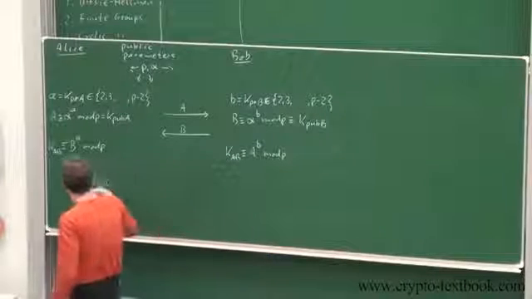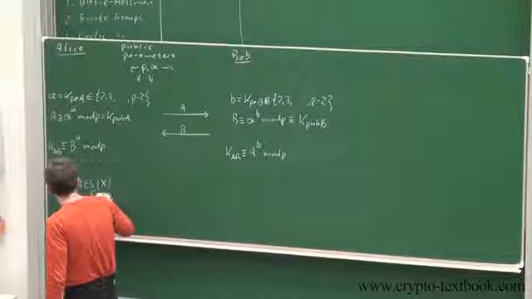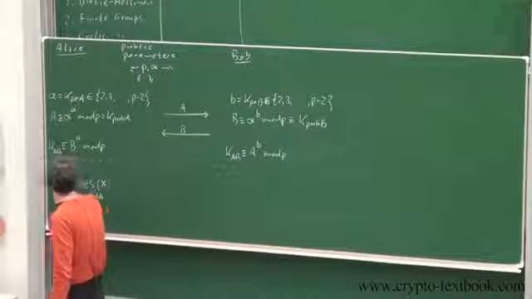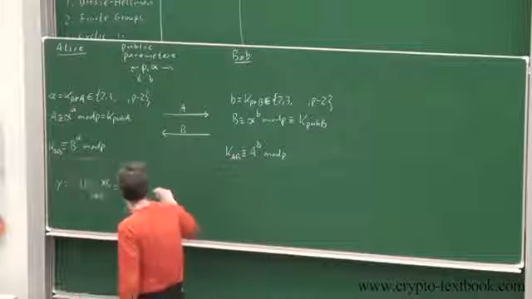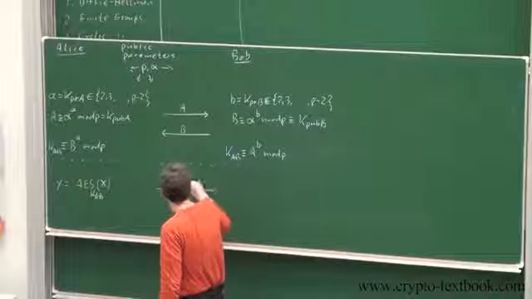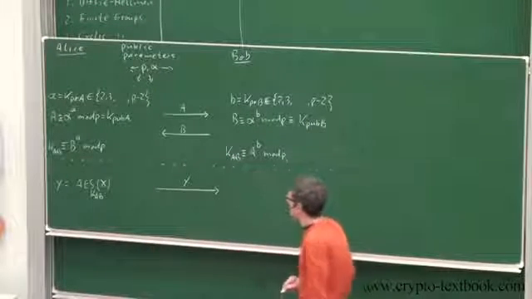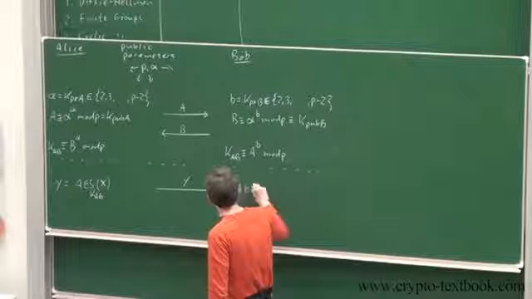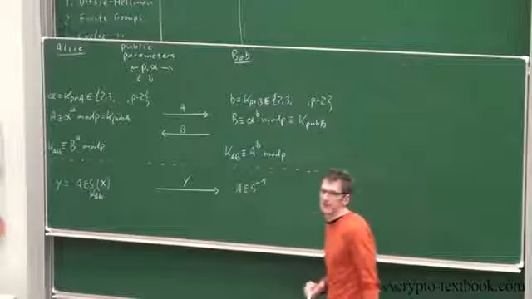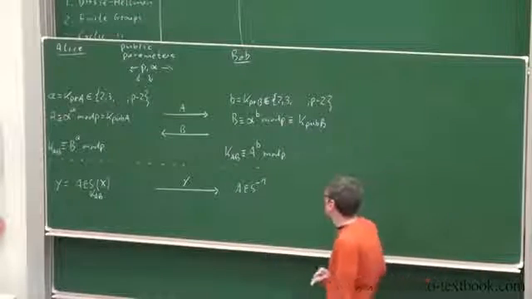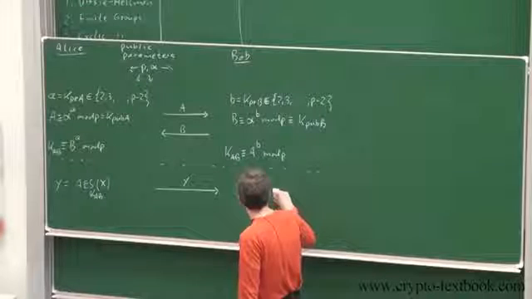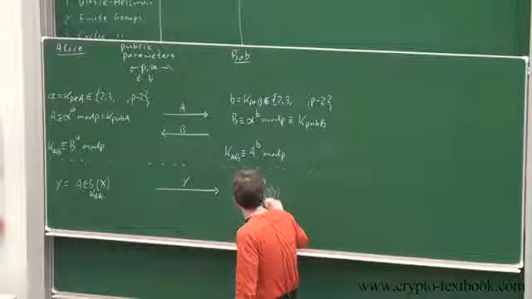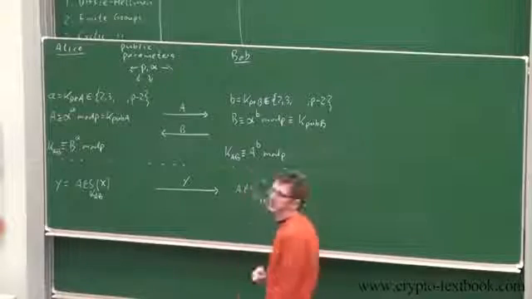So you can use this KAB here as the encryption key. You get your ciphertext Y. Y goes over the channel. And on the receiving side, Bob, of course, wants to decrypt with AES to the minus 1 power. And again, they both know the same key here, so he can again use KAB to decrypt.